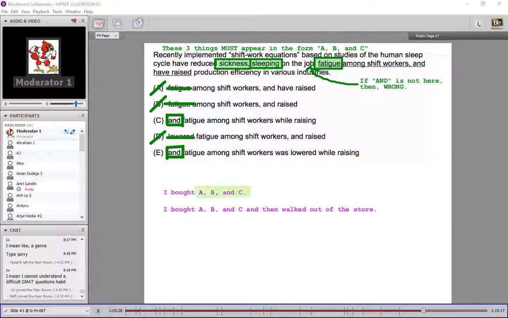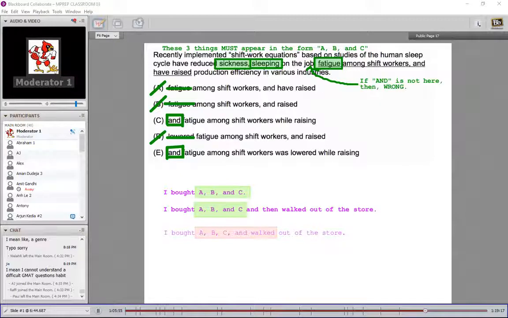The rule for making this is not different. Some people try to make these kind of interesting but totally wrong constructions, like they try to write something like this. This is not a thing. You can't do it, because A, B, C, and walked are not parallel things.